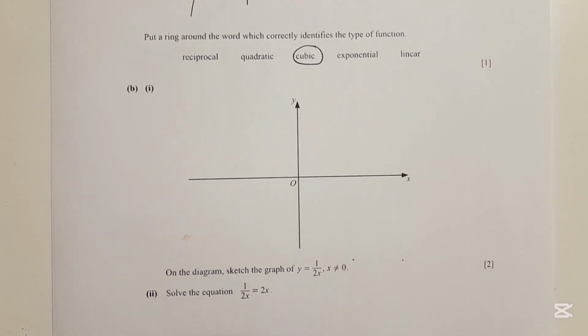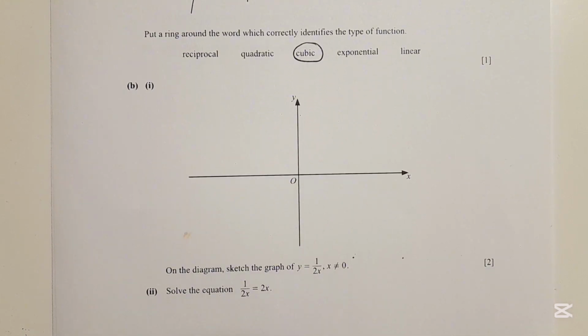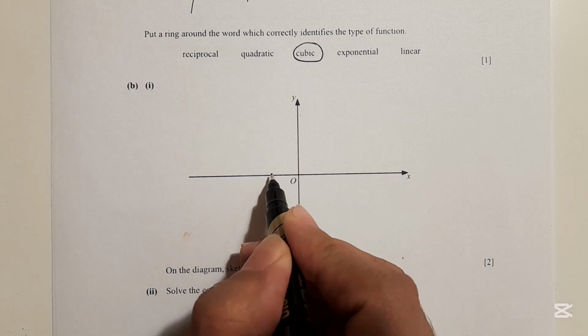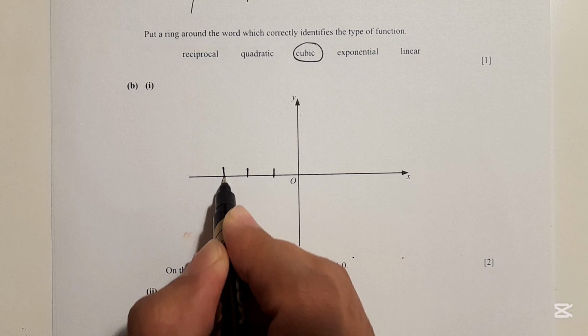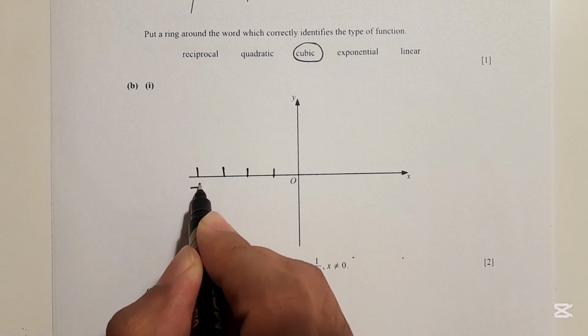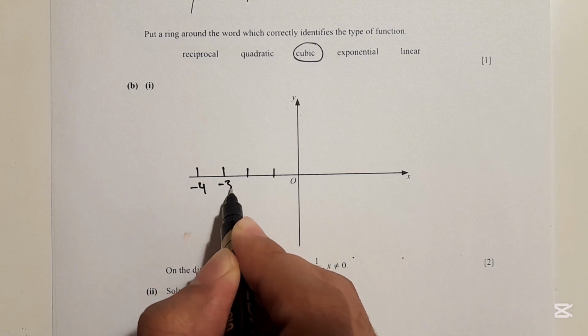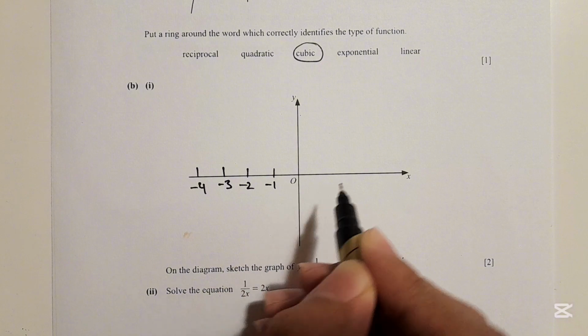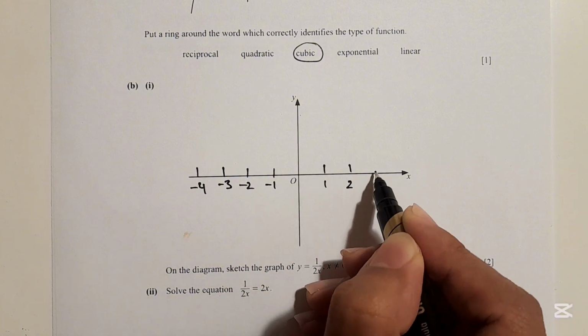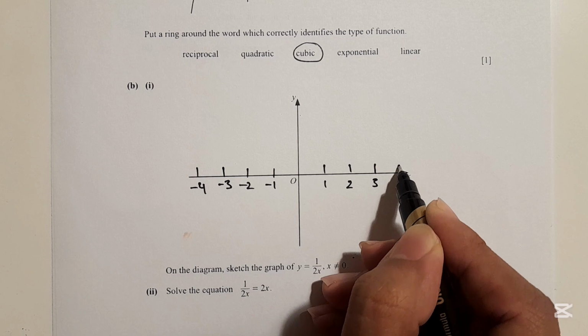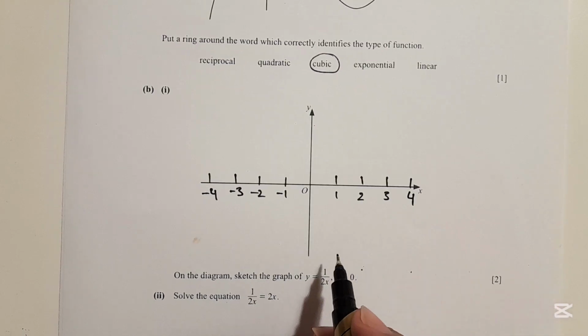Part B states on the diagram sketch y is equal to 1 over 2x. So here we will first do 1, -1, -2, -3, and -4, and 1, 2, 3, and 4.